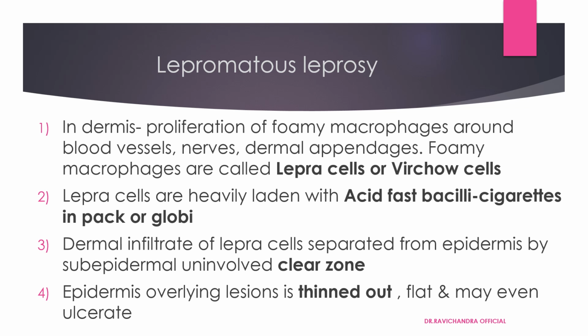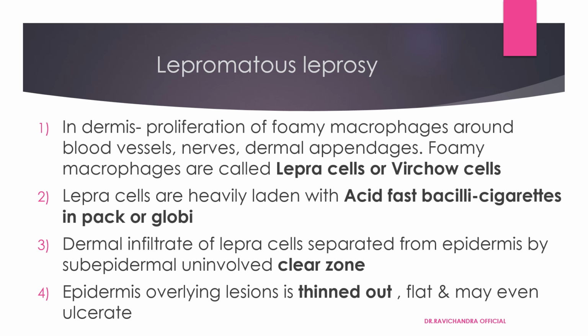In lepromatous leprosy, there will be proliferation of foamy macrophages around the blood vessels, nerves, dermal appendages in the dermis. And these foamy macrophages are called as lepra cells or Virchow cells. Lepra cells can be asked for 3 marks question. Lepra cells are heavily laden with acid-fast bacilli and they are arranged in globi or cigarettes in a pack fashion.